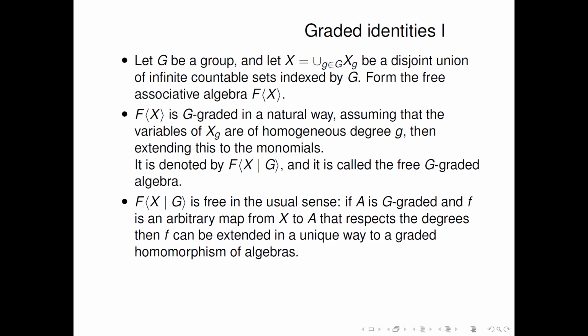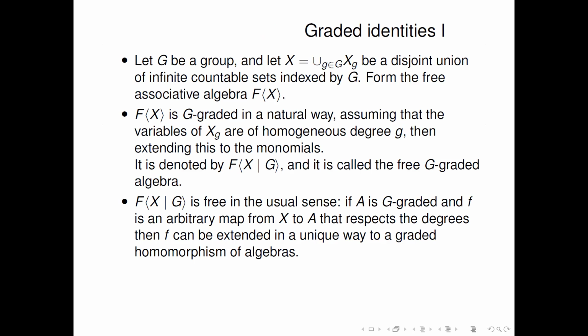You have once again a group G. And take the set X of the variables, split into several disjoint infinite countable sets, which are indexed by G. And you form the free associative algebra the usual way.